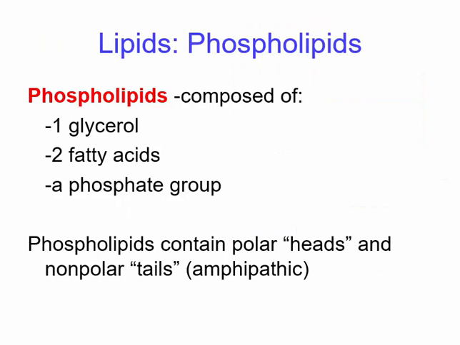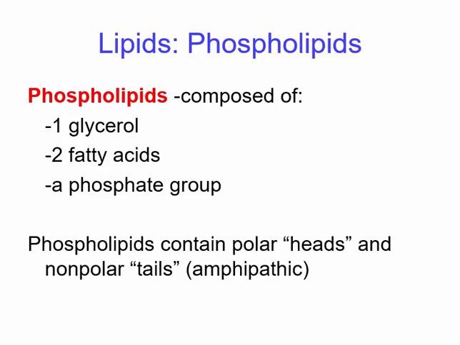All right, another kind of lipid are the phospholipids. These guys are particularly interesting because they're made out of that glycerol backbone like we saw with fats. You have 2 fatty acid tails, not 3. And instead on that 3rd carbon of the glycerol, we have a phosphate group.